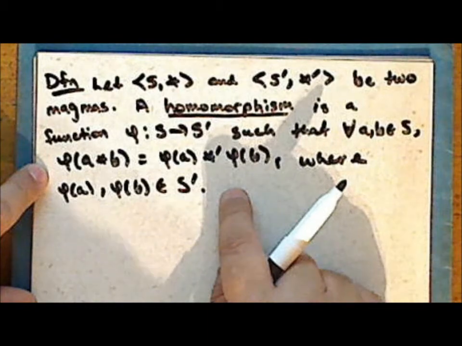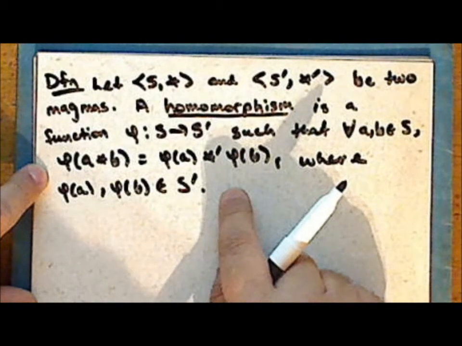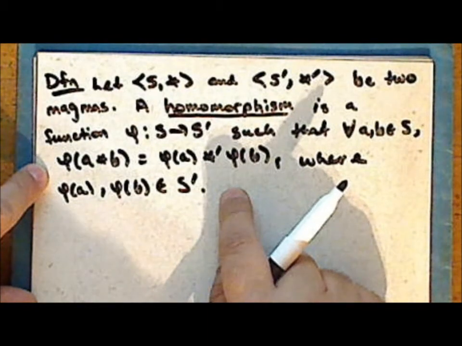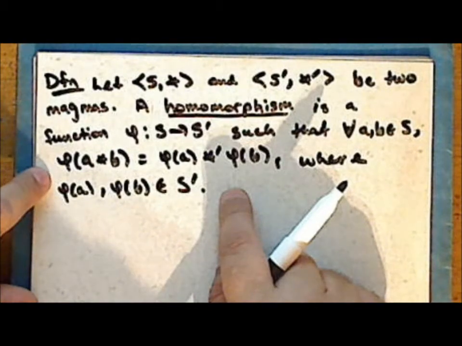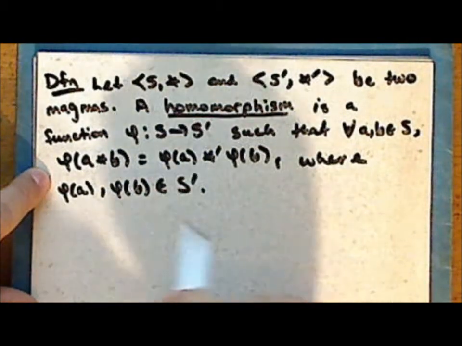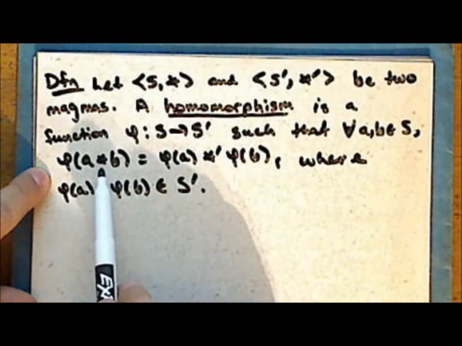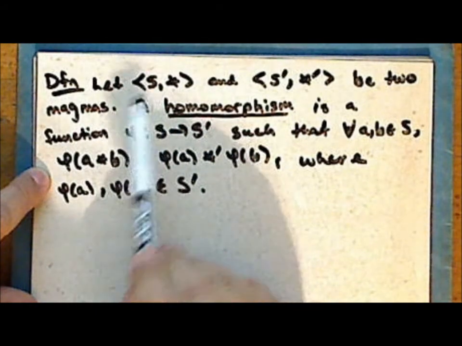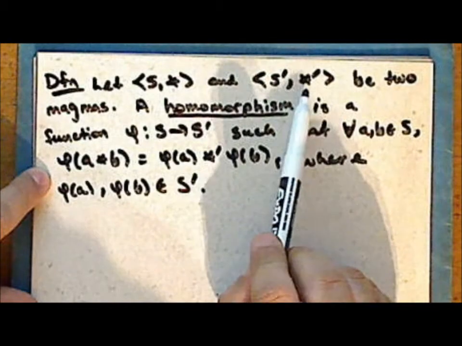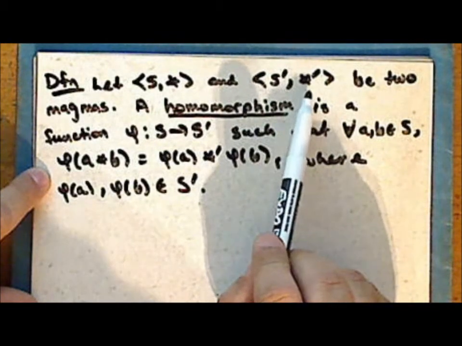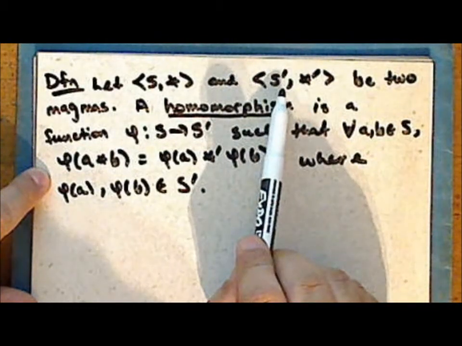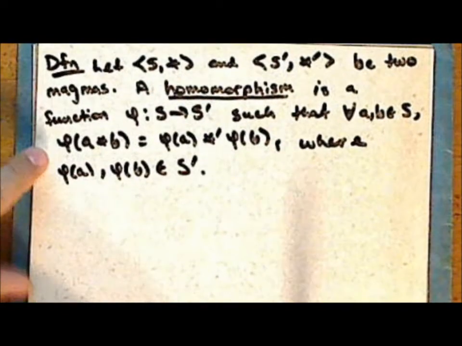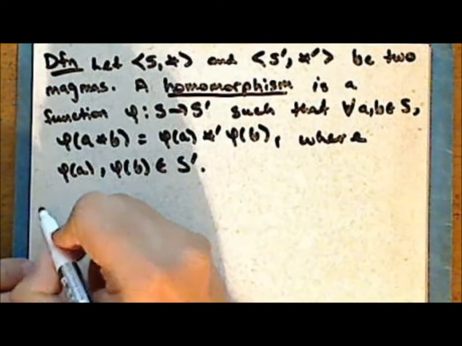The homomorphism is said to preserve the operation. Essentially, a homomorphism states that performing the operation star on the elements in the set S is fundamentally the same as performing the operation star prime on the elements in the set S prime. Okay.